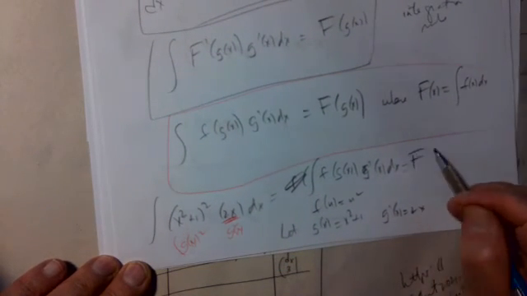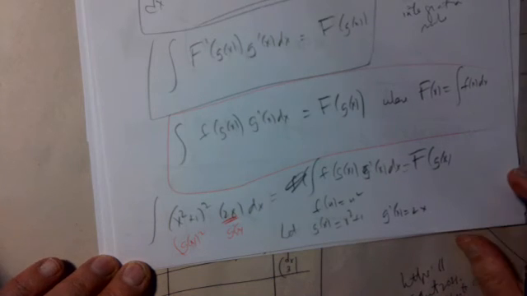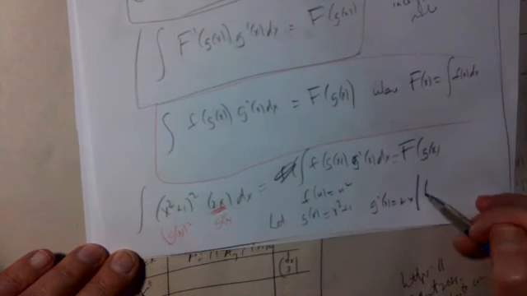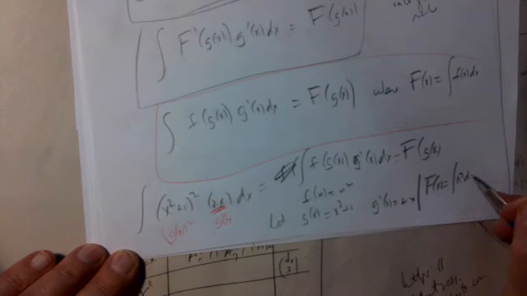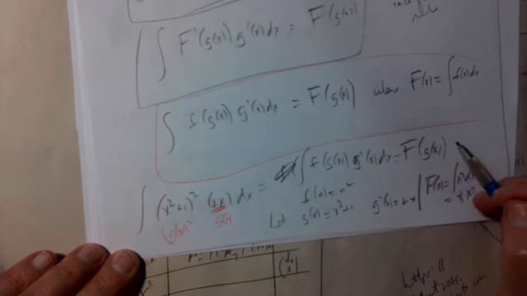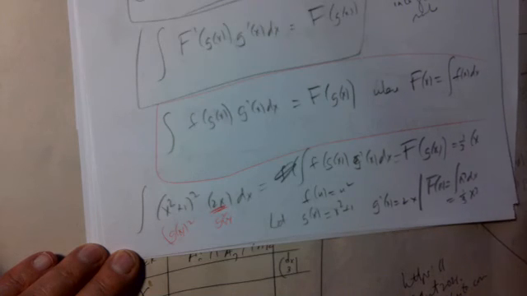And that's going to be capital F of g of x. Capital F of x is the integral of x squared dx, which is a third x cubed. So this is 1/3 g of x cubed, 1/3 x squared plus 1 cubed.